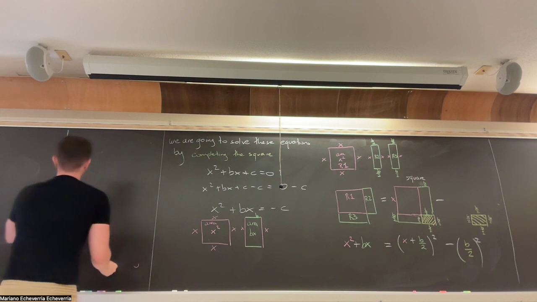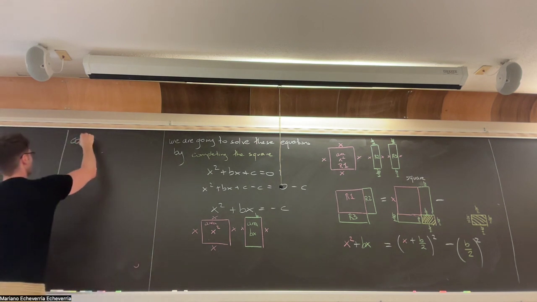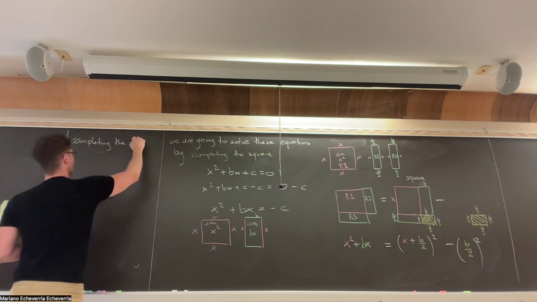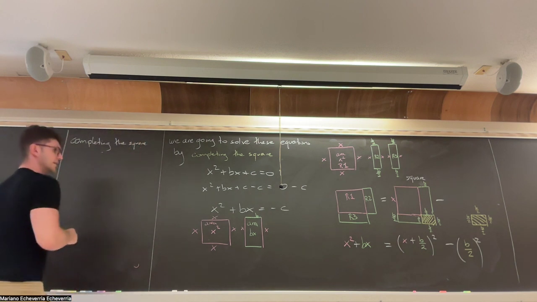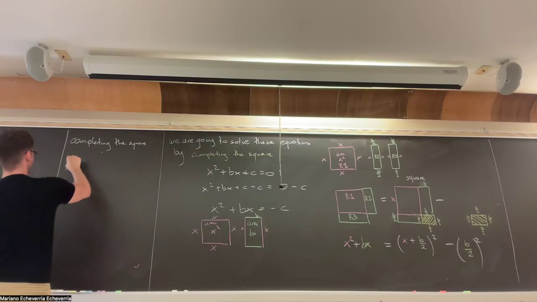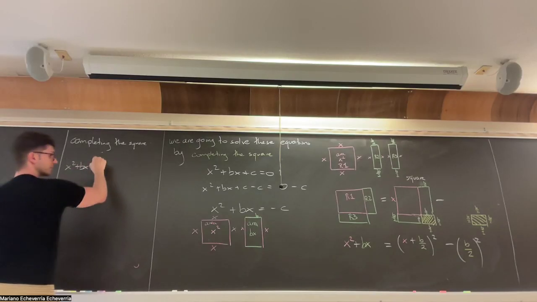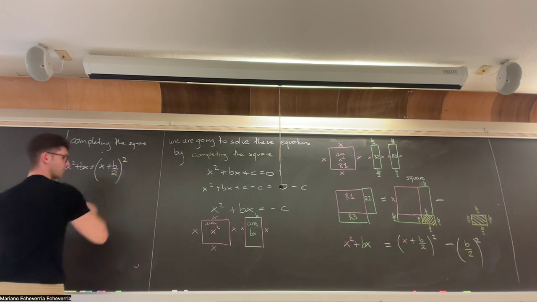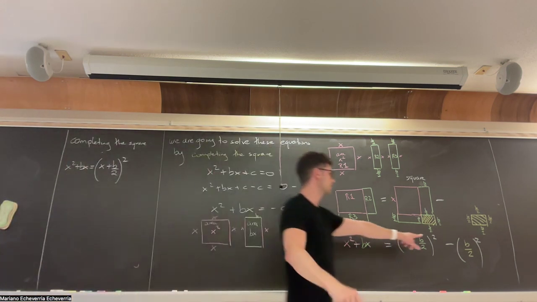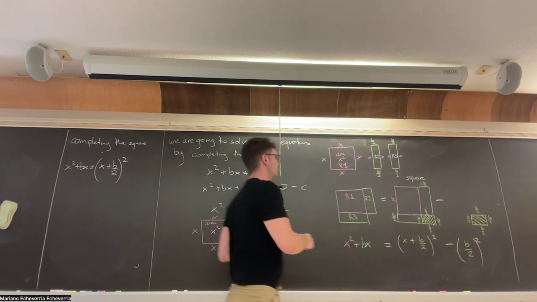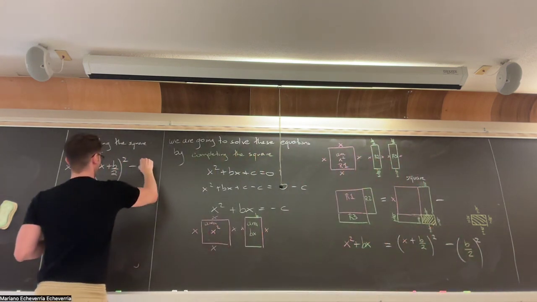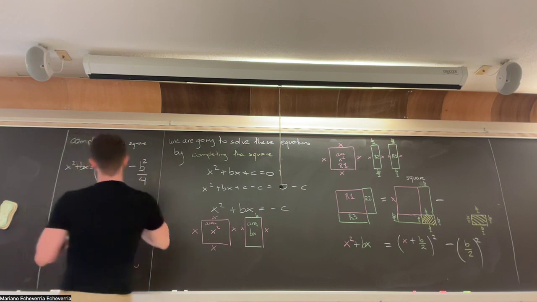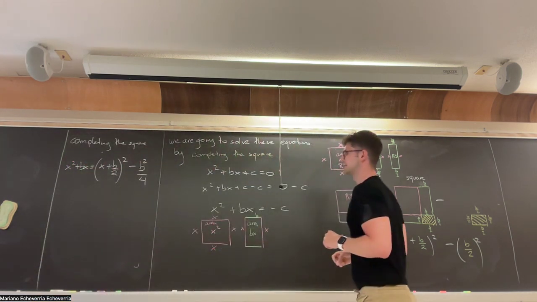What completing the square says is that x squared plus bx equals x plus b over 2, squared, minus, well, what is this square? That's b squared over 4, if you want to simplify it a little more. So this is what completing the square says.